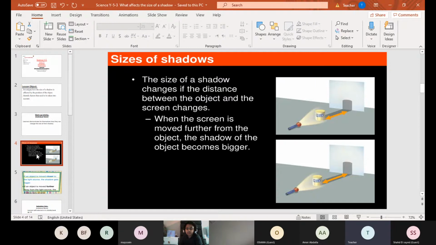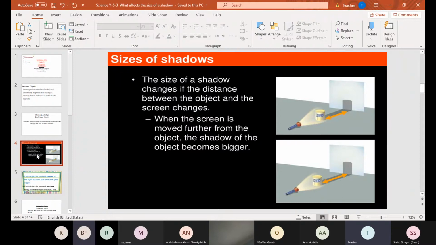Now I want to change the distance. I want to be near. The screen should be near to the object. Then what happens? The shadow will be bigger. So the same thing is there. The shadow will be increased because of two things. You can change the distance of the light from the object, or you can change the distance of the screen to the object, right?